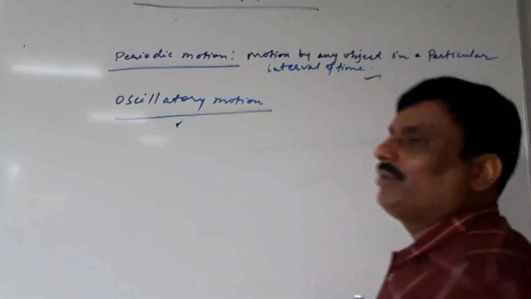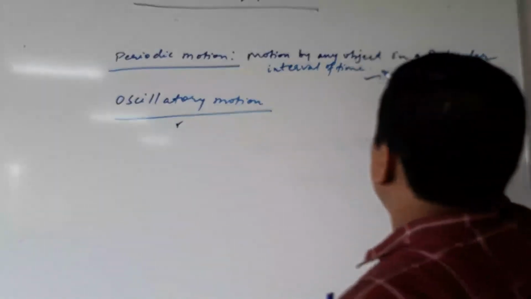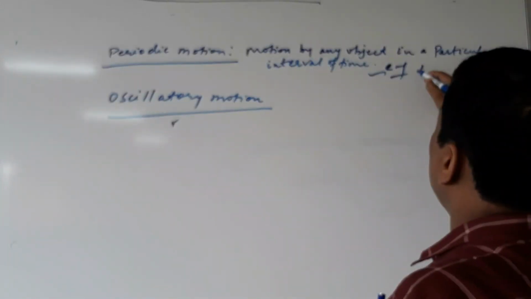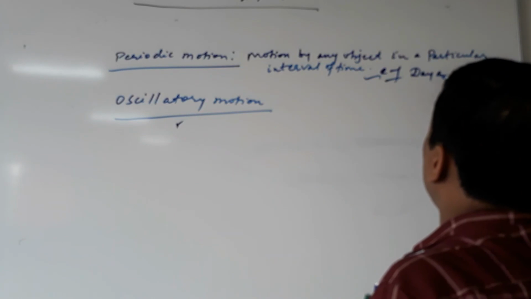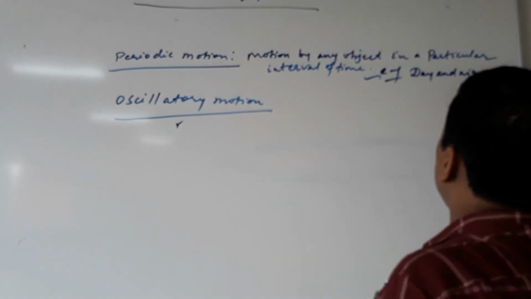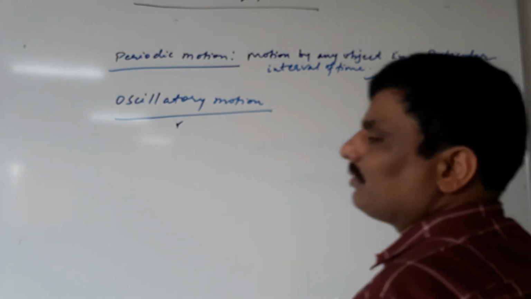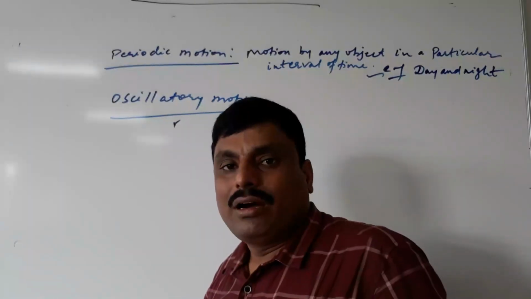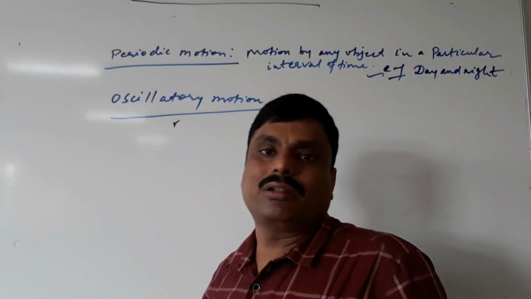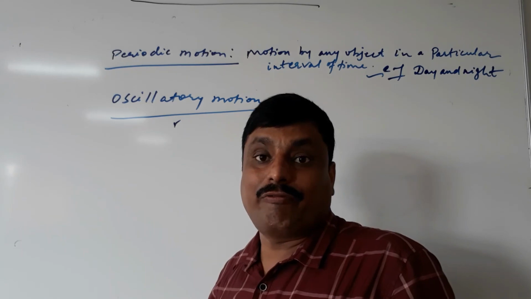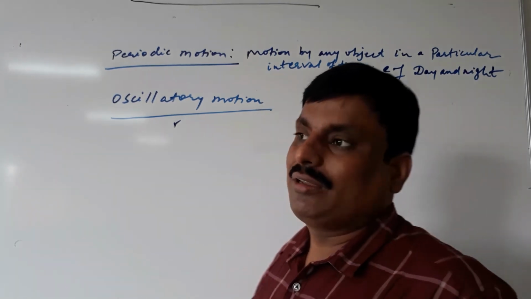Here is a particular interval of time. Example, day and night. Day and night occurs in a particular interval of time. There is a fixed time for day and night.